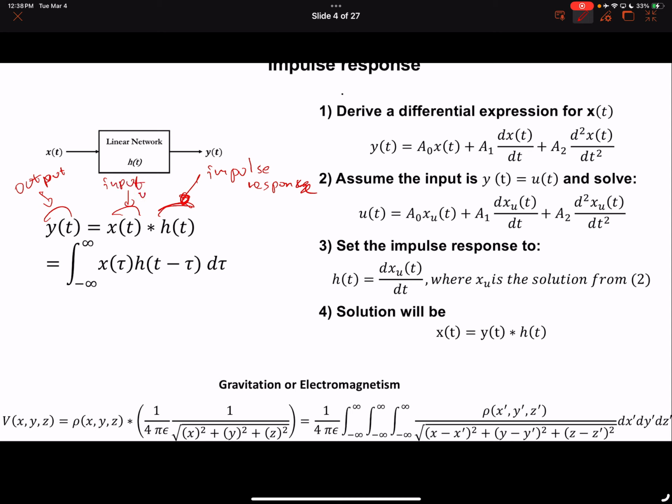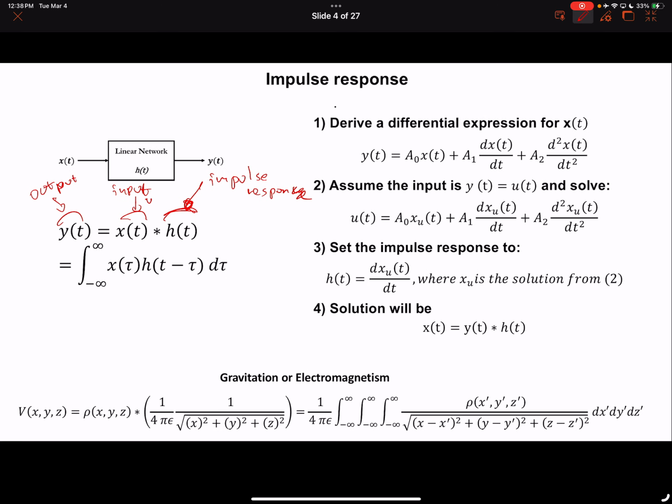It could be an input voltage or current, it doesn't really matter. And so basically, that means that for any input, if we have an impulse response, we can find the output by simply convolving it with that impulse response.